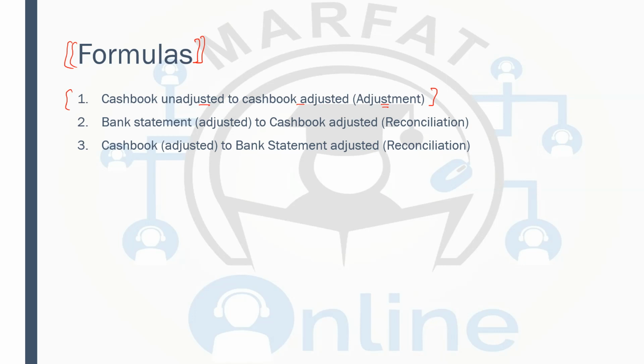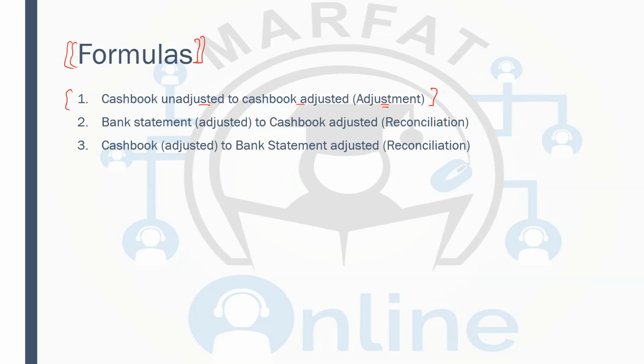Because you still have to perform some adjustments in it. And how will you realize that there are some adjustments to perform? After doing the reconciliation, when you are comparing your cash book with the bank statement, you will realize there are certain items which have been recorded over there and still need to be adjusted in your cash book. So whenever you are doing the adjustment, the adjustments will be made within the cash book.